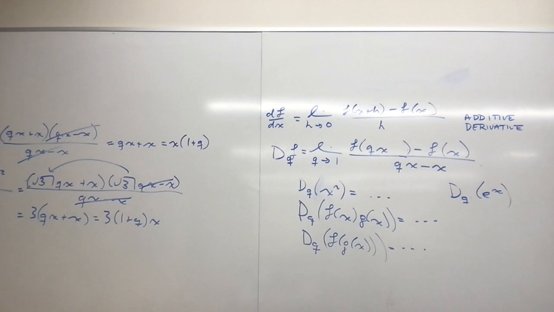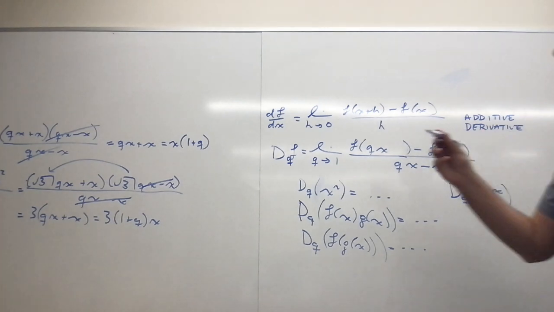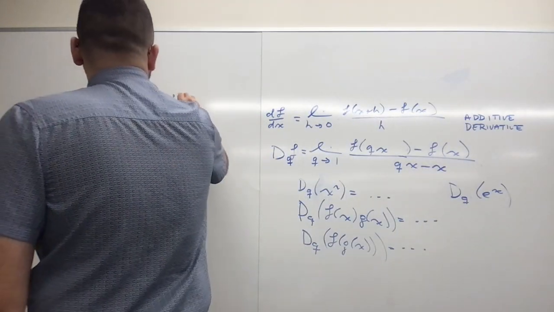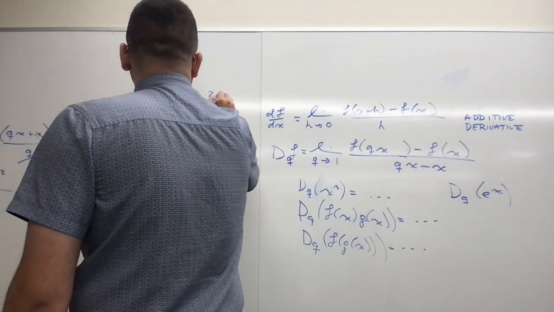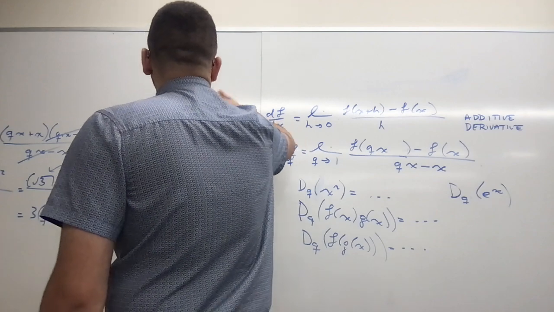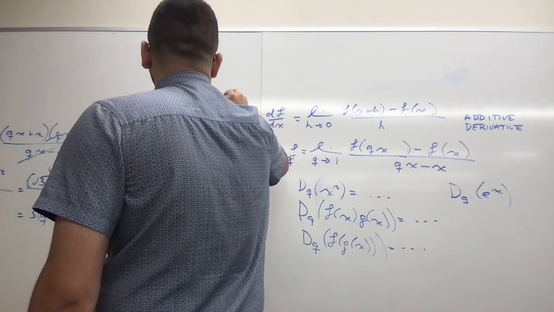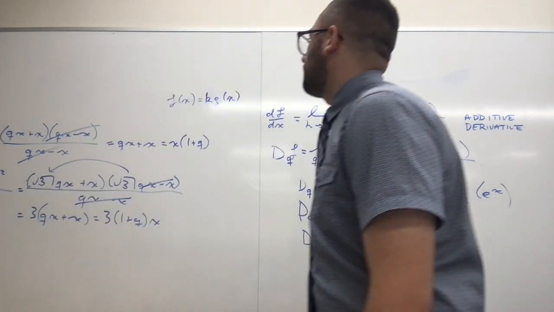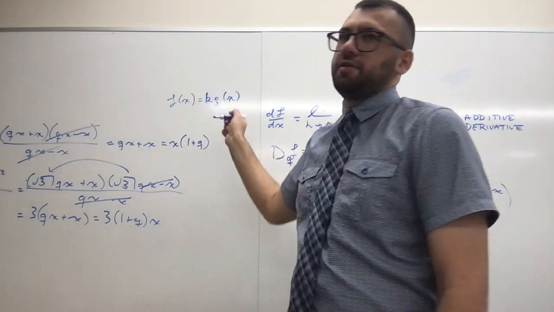So it looks like, at least on the surface, you can pull out factors, multiples. And maybe you can prove that in general, right? So assume something like f of x equals, instead of 3, let's do something general, k times g of x, and see how the derivatives work.